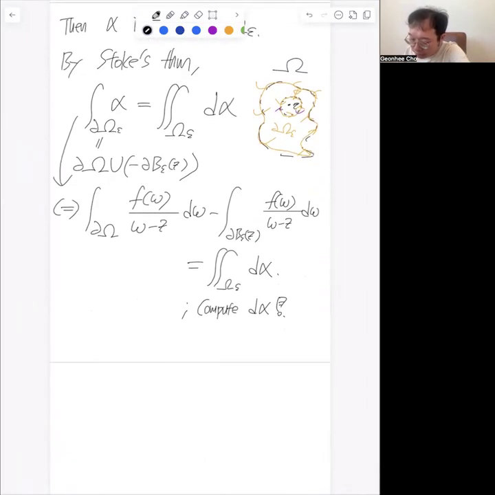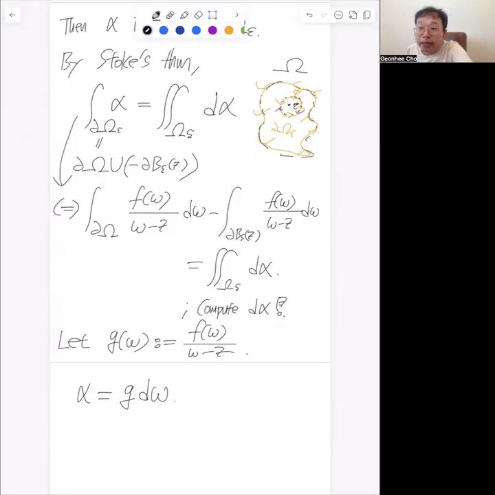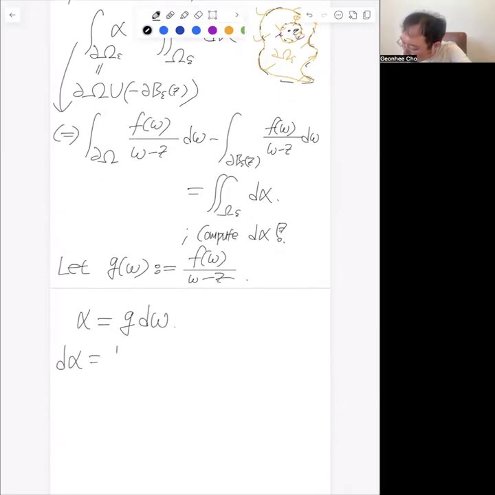In order to understand, let me be clear that if we have a function, say g of omega, so we already fixed z, we have this expression that we care about. For this function, the one form alpha we consider is the same as g times d omega. Then once you take the exterior derivative of alpha, you should get d of g d omega.